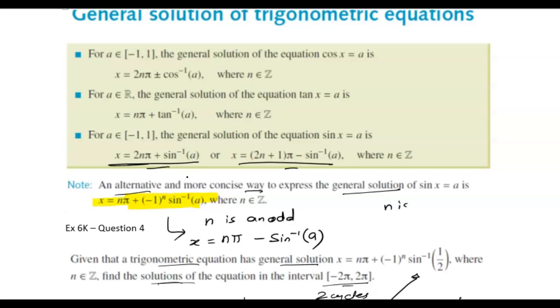And when n is an even number, the solution is going to look like this: 2n pi. Sorry, my bad, I just made a mistake there. Just n pi, n pi plus sine inverse of a, and that's why these two equations basically condense into this format when we're using it in the format of x is equal to n pi plus minus 1 to the power of n times sine inverse of a.